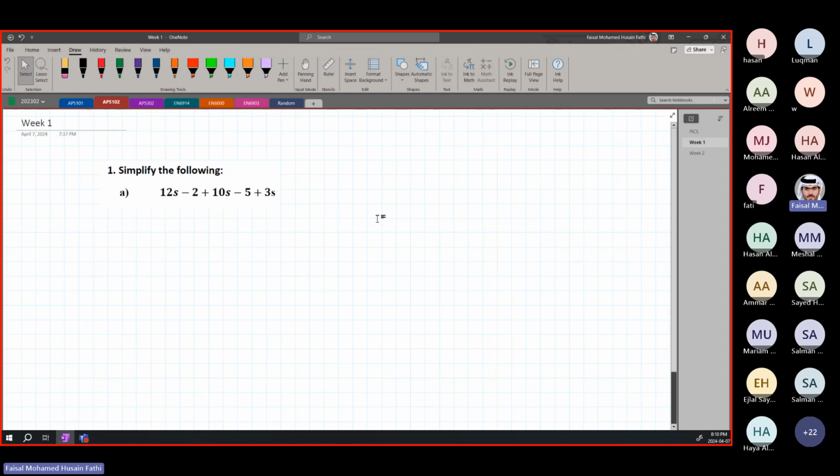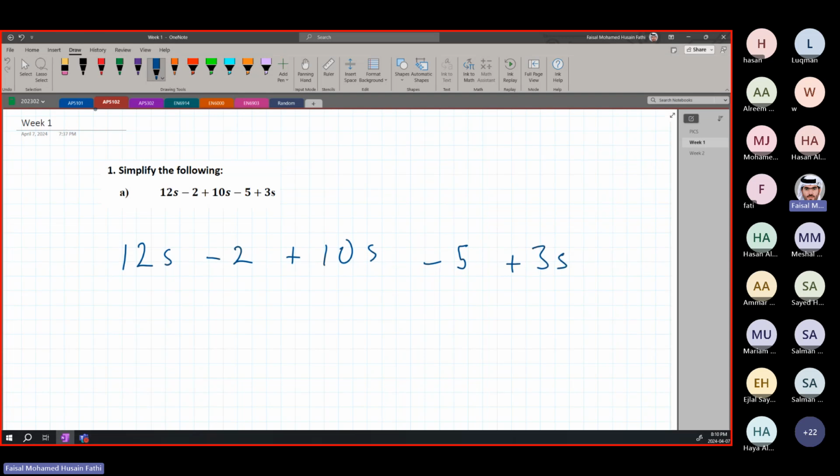For example, we have this equation: 12s minus 2 plus 10s minus 5 plus 3s. I'm just going to rewrite it. You need to look at whichever terms are the same.